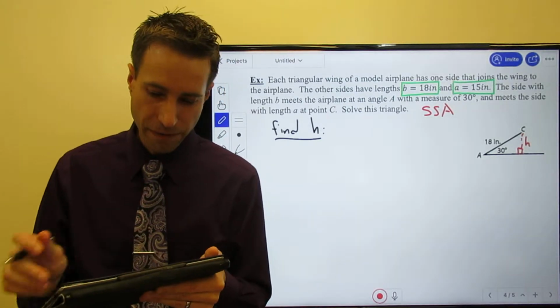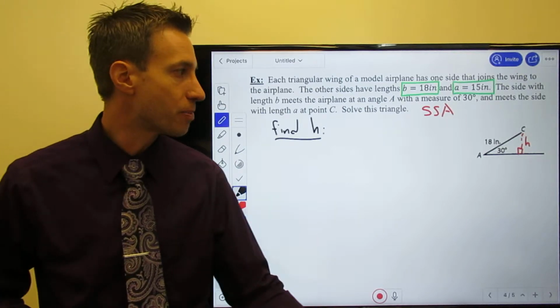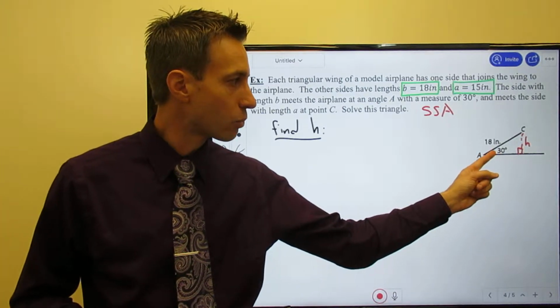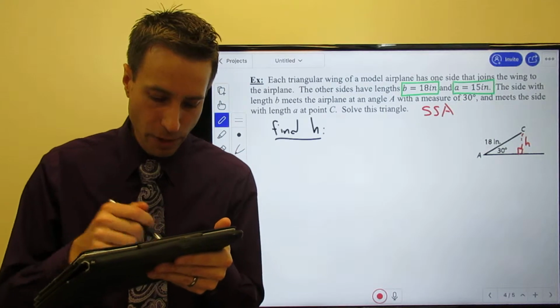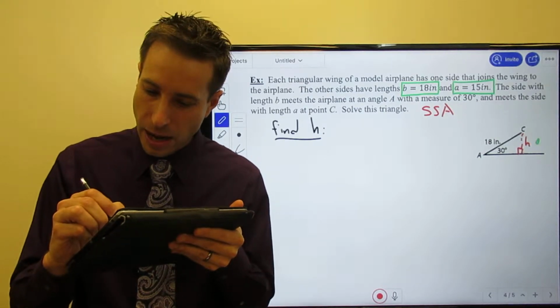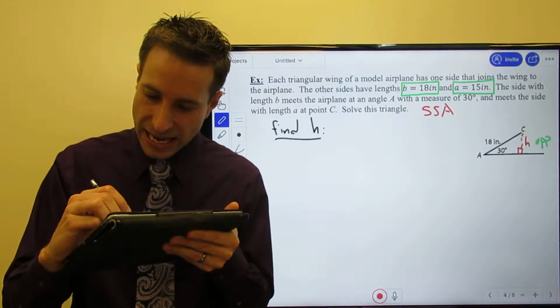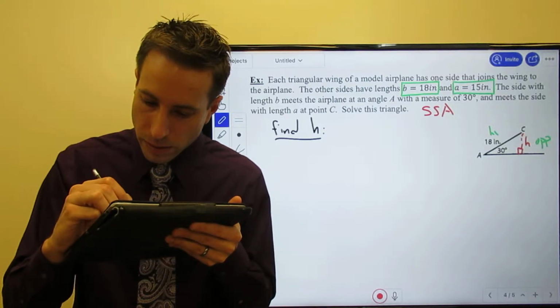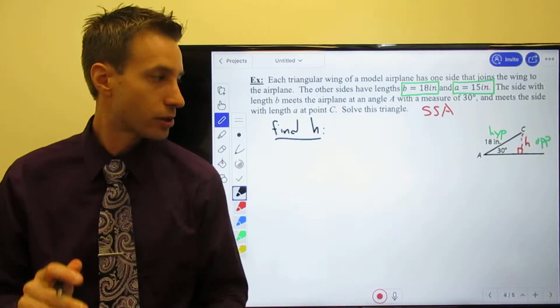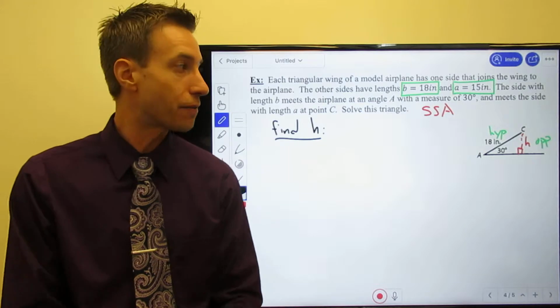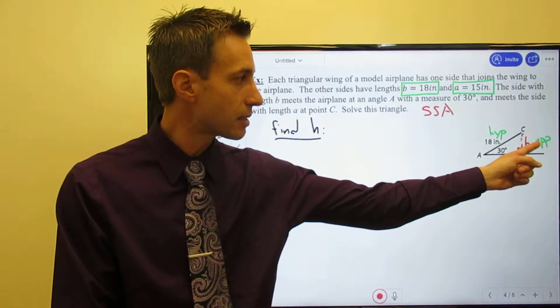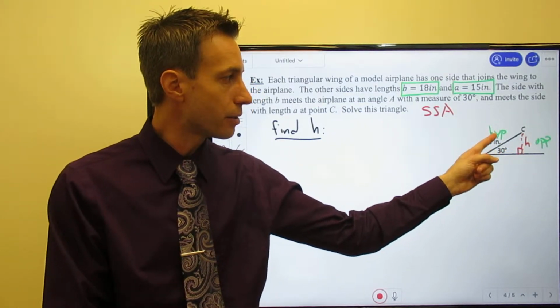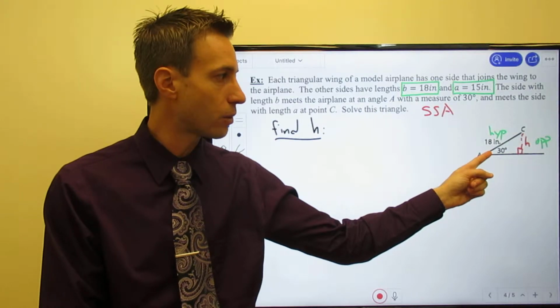Here we go. How do I find H? Well, take a look at what you've been given. I've been given this angle right here, 30 degrees, which makes H the opposite side and 18 the hypotenuse. Well, do I have a trig function that relates the opposite side and the hypotenuse to the measure of an acute angle?